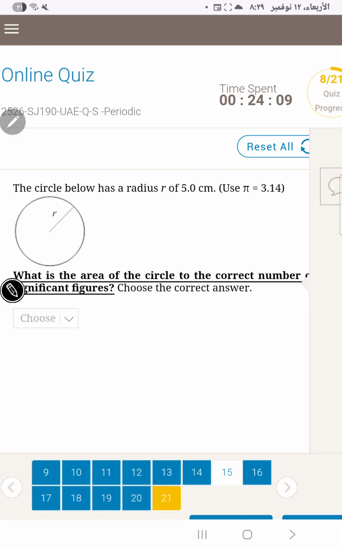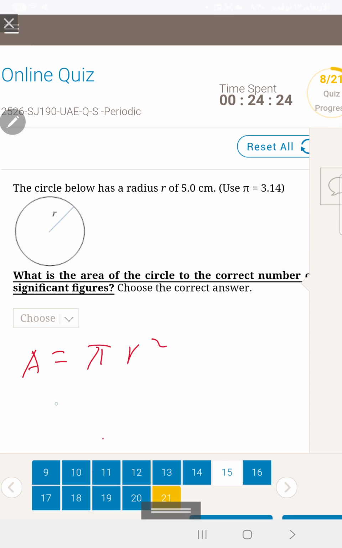Question 21, last question. The circle below has radius 5.0, pi is 3.14. What's the area of the circle to the correct number of significant figures? Okay, area of a circle is equal to pi r squared. So pi is 3.14 times the radius 5.0.